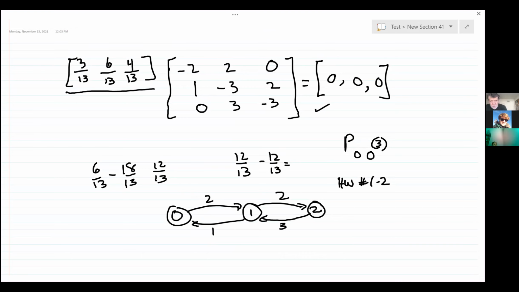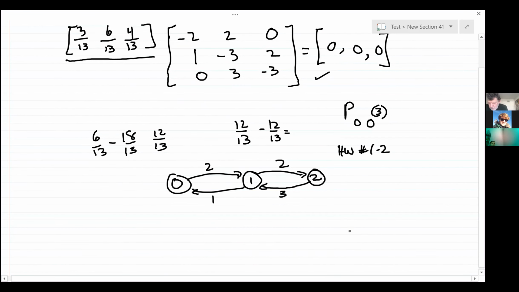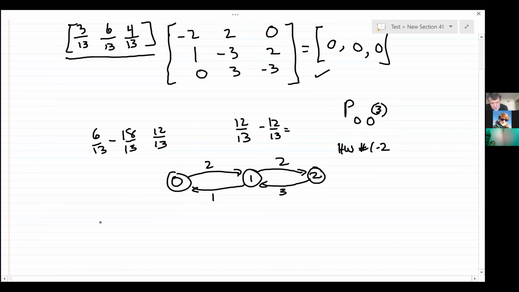Okay, so in this case, the stationary distribution was this. And what I was trying to illustrate was what we know from today: we know that pi at any point x is 1 over mx times q of x, which we figured out was what?